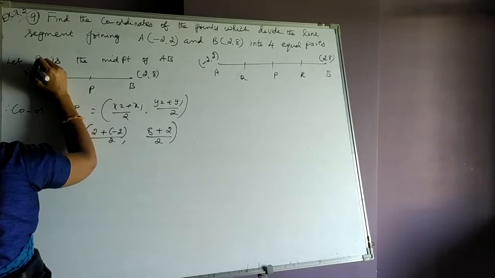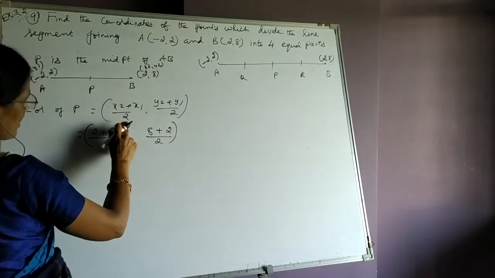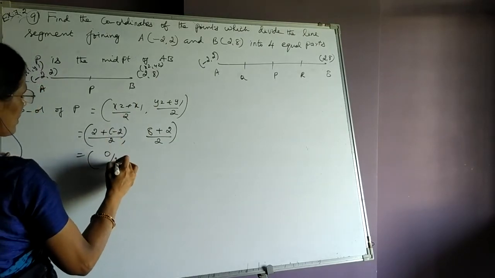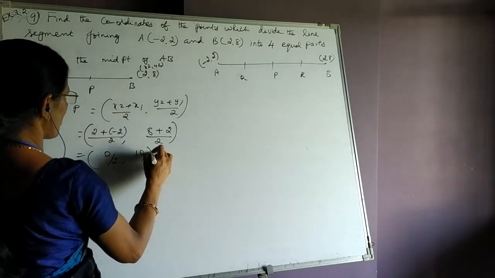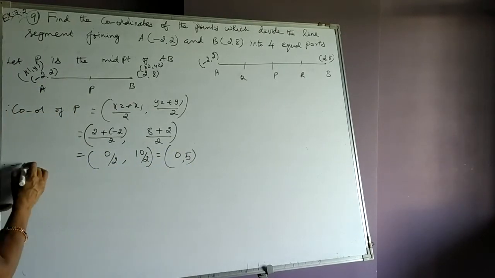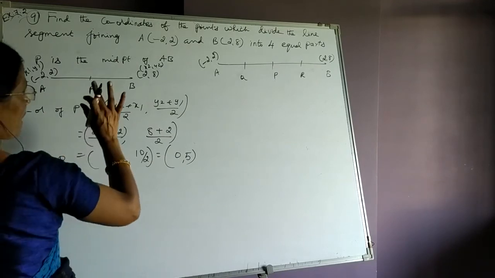This is x1, y1 and this is x2, y2. Sum of the x coordinates divided by 2 and sum of the y coordinates divided by 2. So here we get 0 upon 2, here 10 upon 2. So it becomes (0, 5). This is coordinates of P. So P I got it.